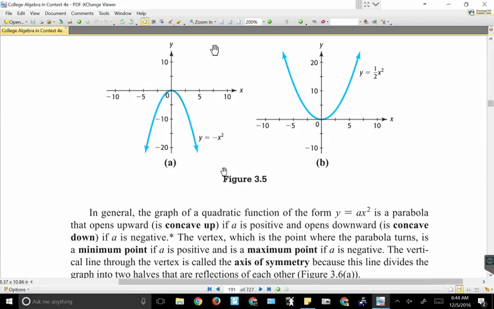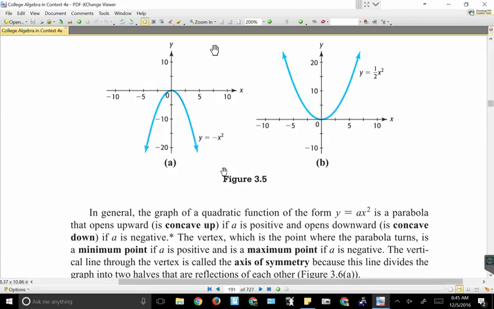Now, depending upon what you have here, the parabola is always going to have a vertex. It's either going to be a maximum or a minimum, meaning that either the parabola opens down or opens up. Now, it's always going to have an axis of symmetry.